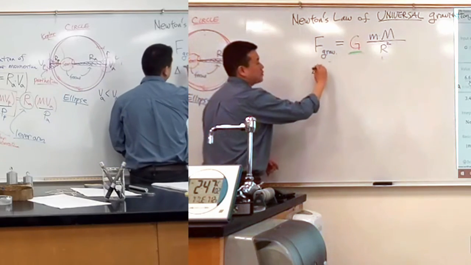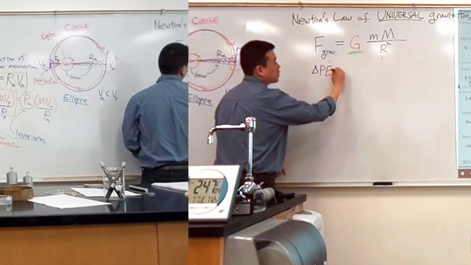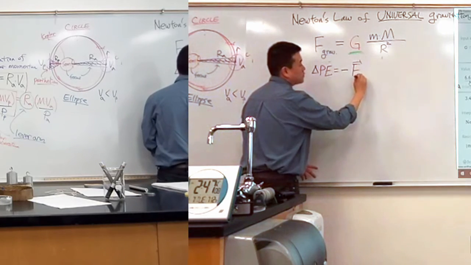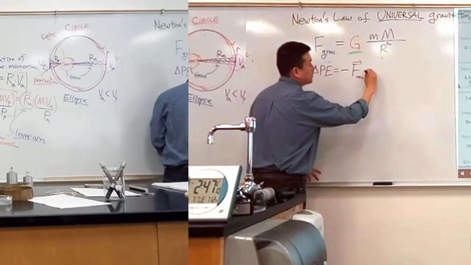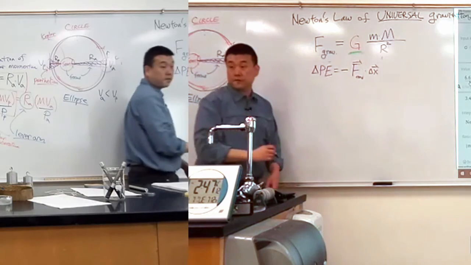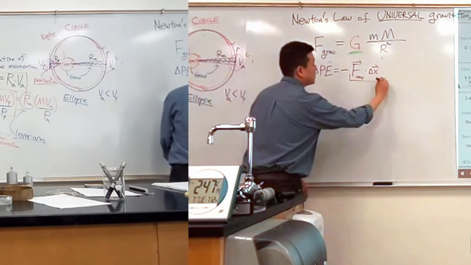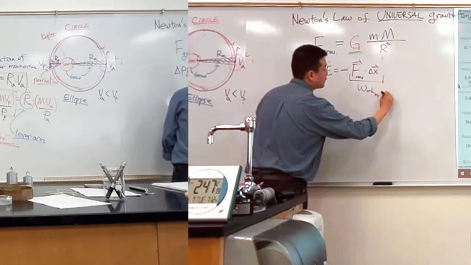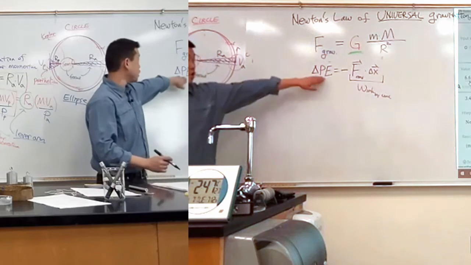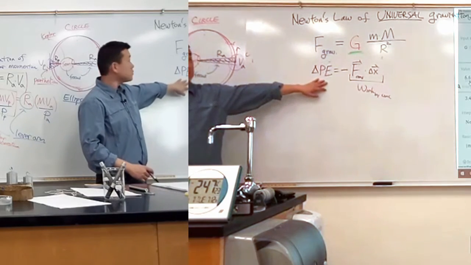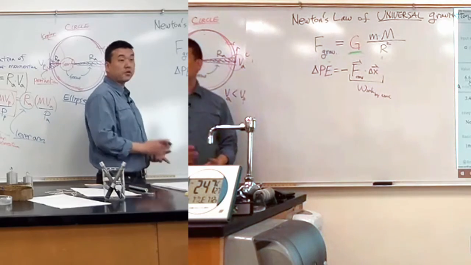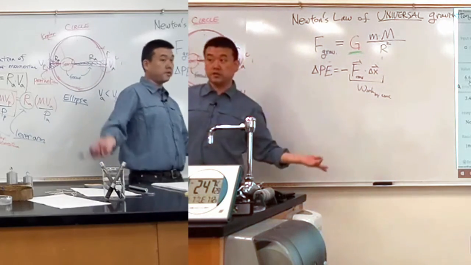The change in the potential energy due to a conservative force is minus the conservative force times the displacement under the conservative force. Or you could call this the work done by the conservative force. That's the change in potential energy. With the gravitational force, you can define gravitational potential energy universally this way.